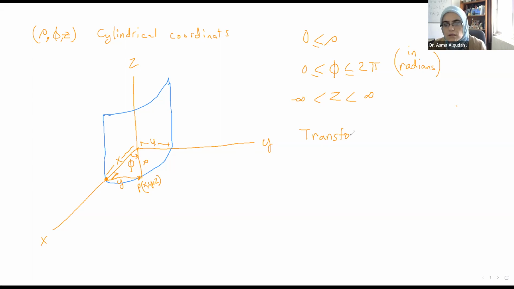Okay, now transformation of a point from cylindrical into Cartesian.